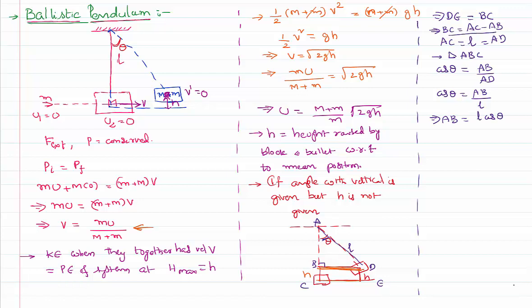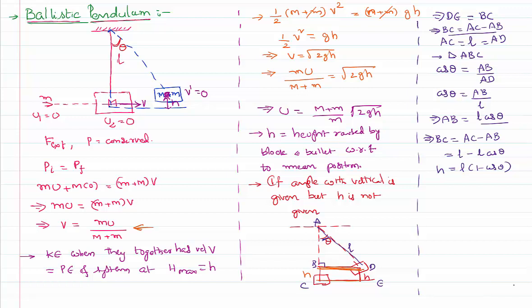I want to calculate BC now. BC equal to AC minus AB. AC is nothing but the total length. AB is, as we have proved, L cos theta. So BC is nothing but L of 1 minus cos theta. That's nothing but DE, that's nothing but h.